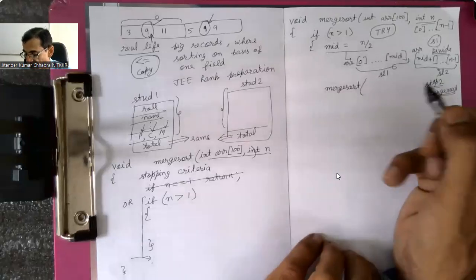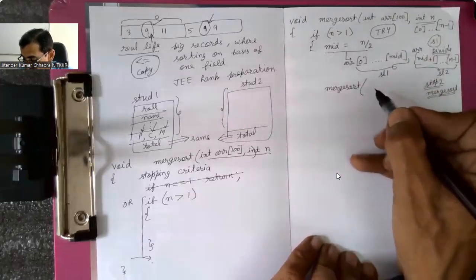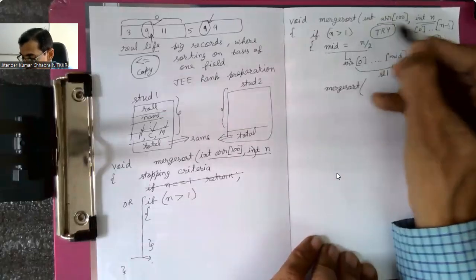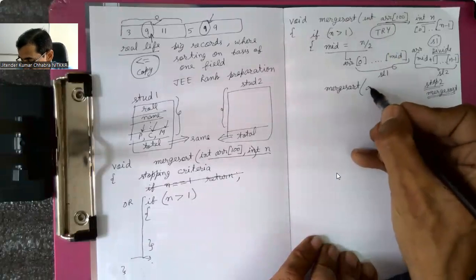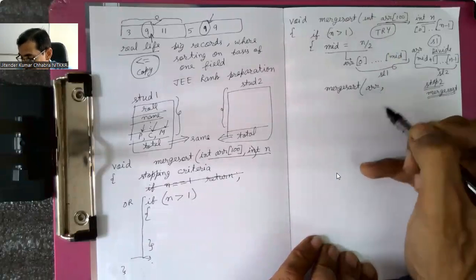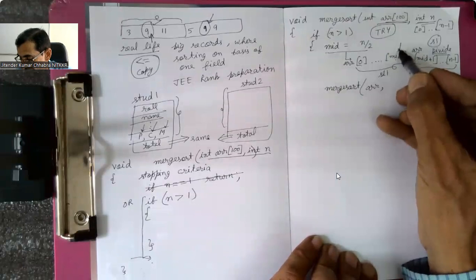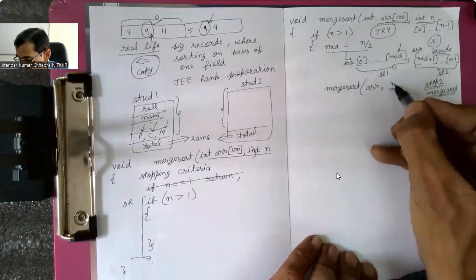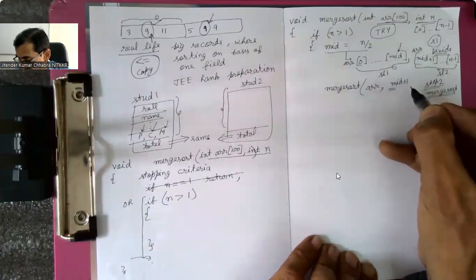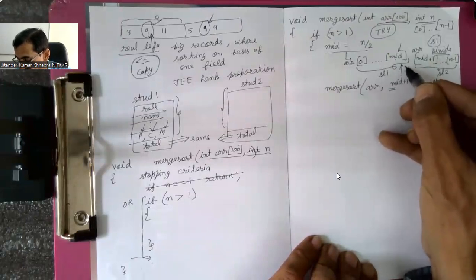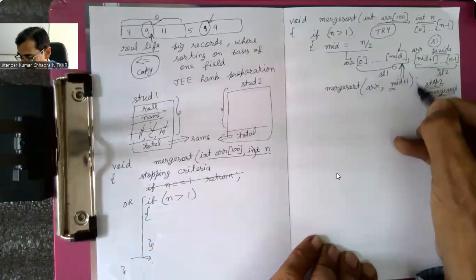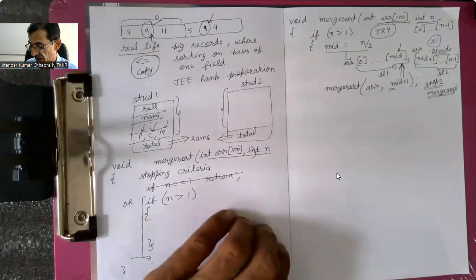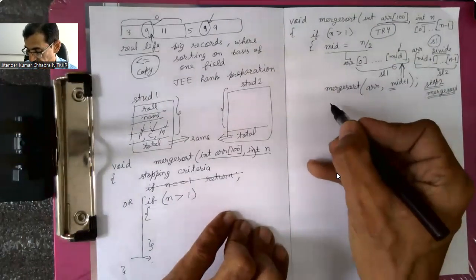How to pass sublist 1 to my recursive function? Parameters have to be decided like this. ARR, and my sublist is 0 to mid. So how much size should I pass here? Approximately you could say, let's say mid plus 1. Mid plus 1 automatically means 0 to mid. Fine, I could be happy with this. Merge sort second sublist.